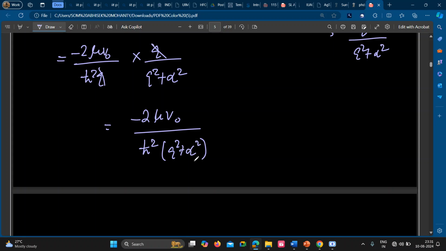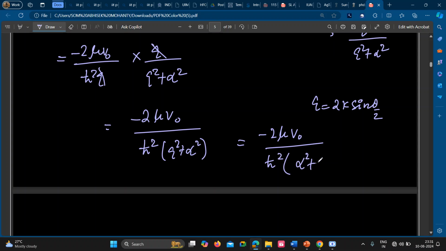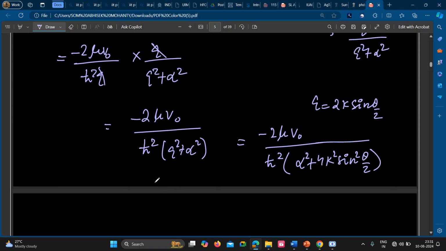What is your q? q is 2k sine theta by 2. Let's put it here: minus 2 mu V naught divided by h cut square, alpha square plus 4k square sine square theta by 2. So this is the expression I am getting for f of theta.